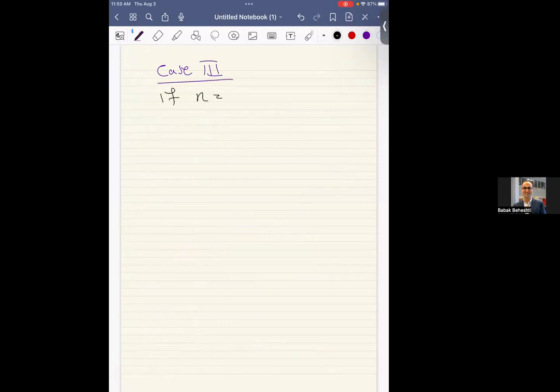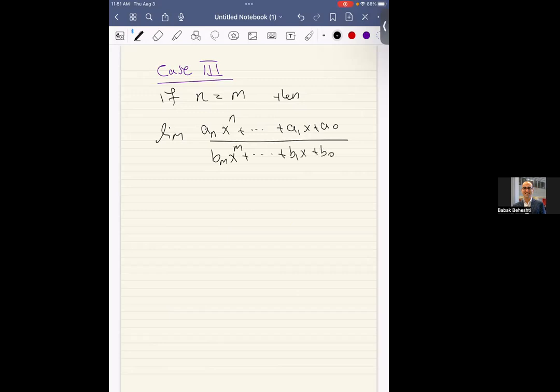If n is equal to m, then the limit of an x to the power n plus a1 x plus a0 divided by bm x to the power n plus b1 x plus b0 as x goes to infinity is equal to an over bm.